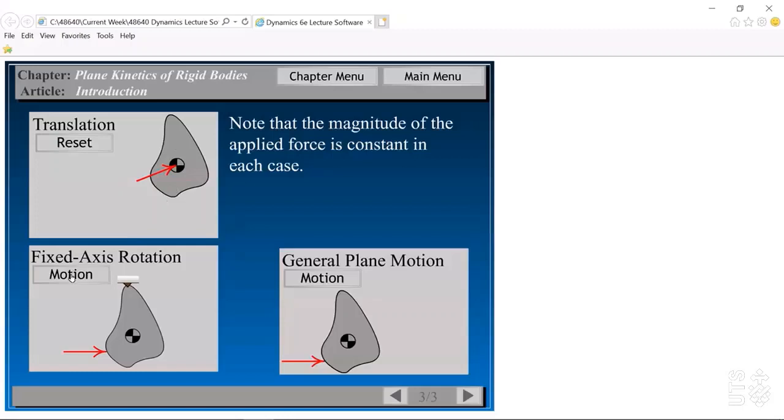Now, fixed axis rotation when a constant force is applied. And the third one will be general plane motion. Let's have a look.